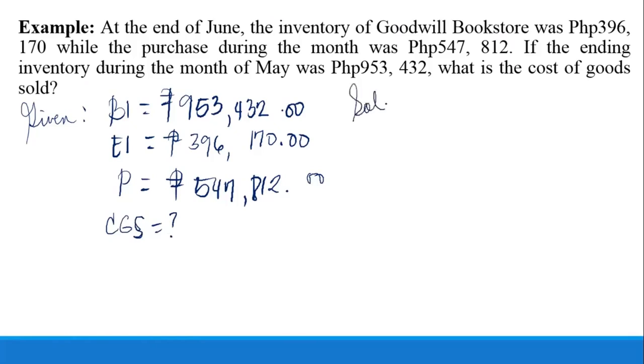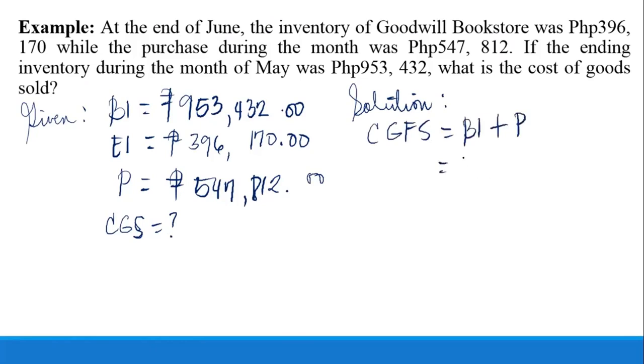Okay. So we have to calculate for the cost of the goods sold. Ayan. So first, ano yung una nating hahanapin? Hanapin muna natin yung cost of goods for sale. Okay? So cost of goods for sale or yung CGFS natin, this is equal to the beginning inventory plus purchases. Okay?